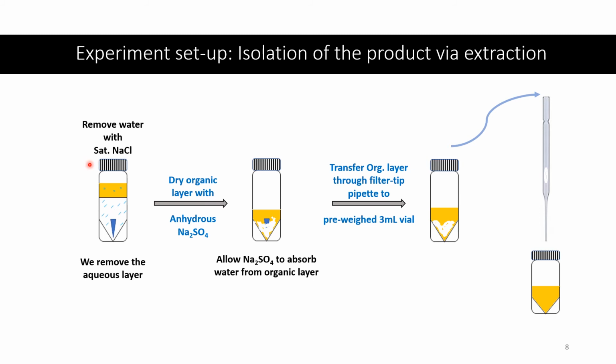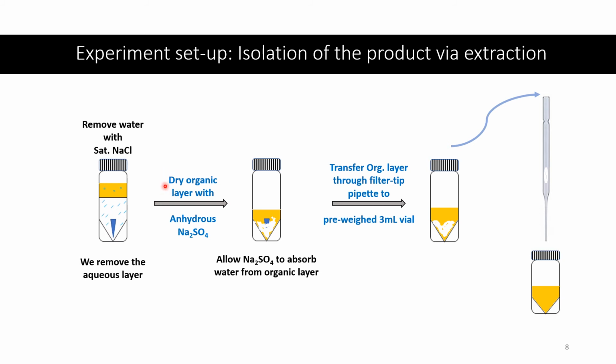This is basically a very concentrated table salt solution. So highly concentrated salt solutions are very good at absorbing water. Therefore, when we mix it with the organic layer, any water droplets that were trapped in the organic layer should move to the salt water.